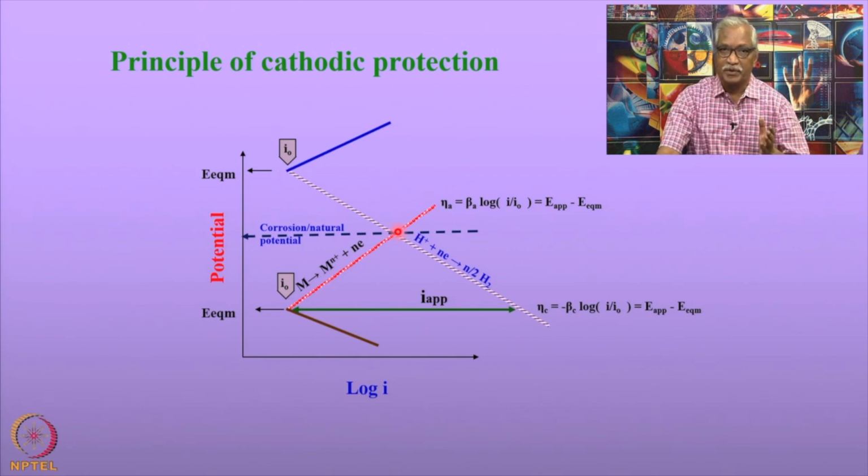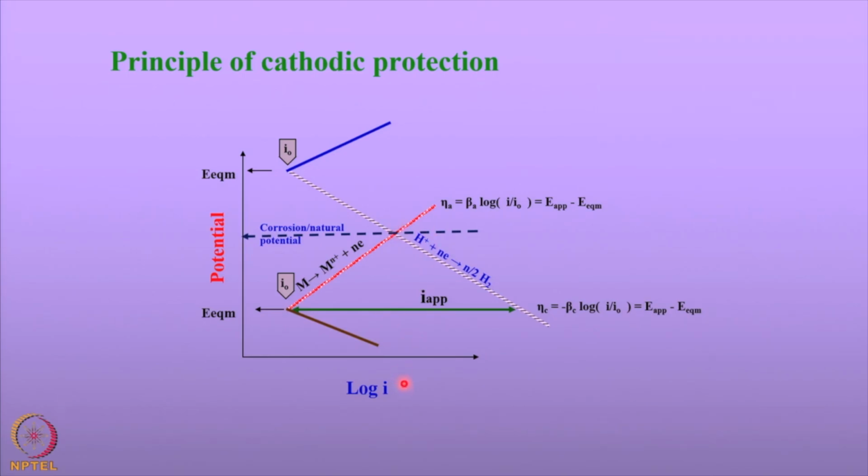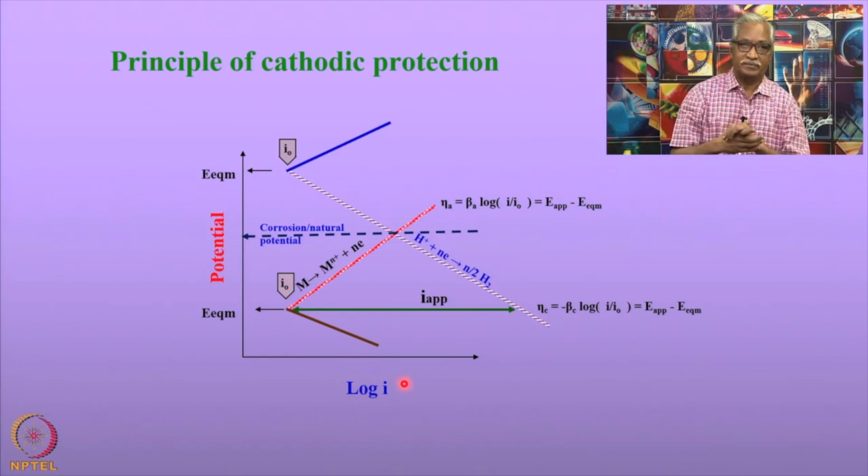Corresponding to that particular potential, the metal suffers corrosion given by the corrosion current density in this particular Evans diagram. Let us look at the first concept, which is cathodic protection engineering in relation to electrochemistry.